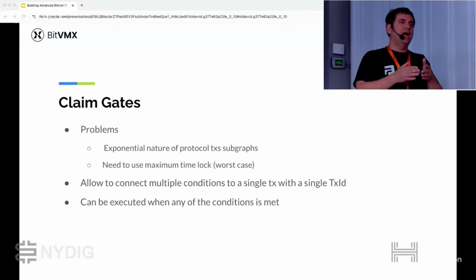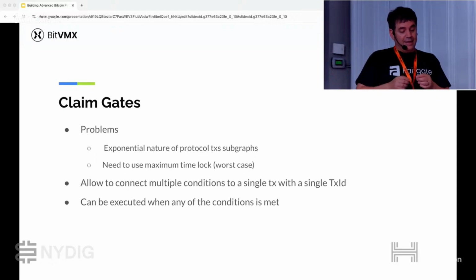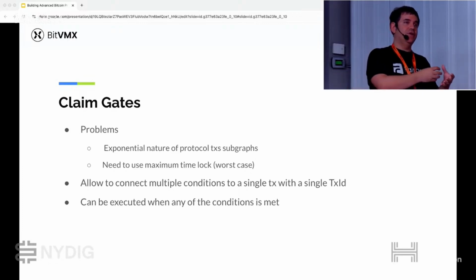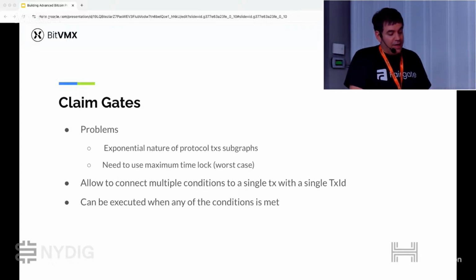For example, you can have several timeout transactions that need to be executed, and the idea of these claim gates is that they help you reduce the number of transactions needed to connect the action that we need to execute for these different ends. So it avoids replicating a lot of information.